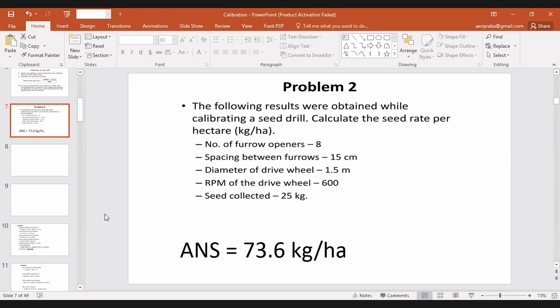There are two problems in the first assignment. That is, seed collected 30 kilogram, RPM 800. If you did it properly, this is the answer for this.